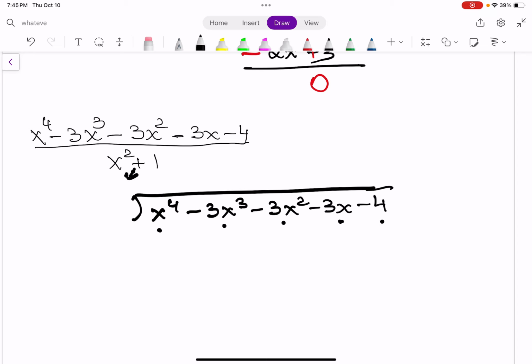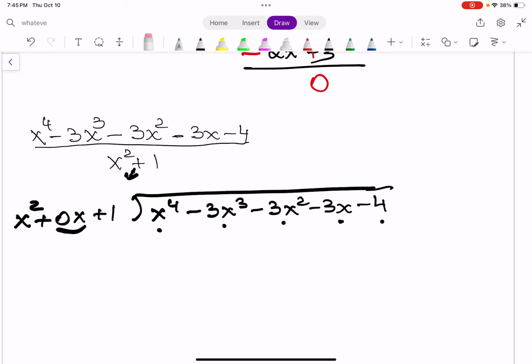But as you see, there is a term missing in the divisor. So therefore, it has to be also added in. So you need to have every power accounted for, whether you just write the coefficients down or all the terms. But to do the long division or to do any division, you need to have every space accounted for. So there's no x, therefore we put in a 0.